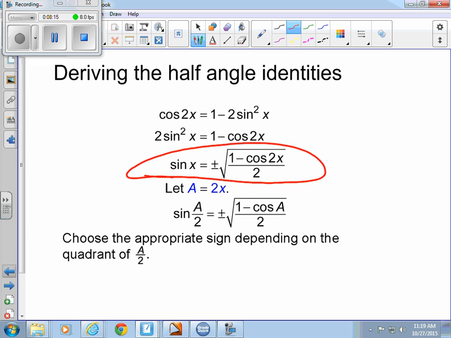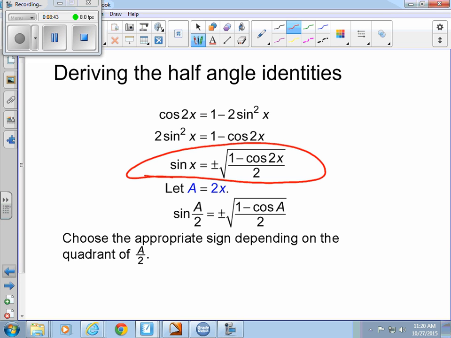If I wanted to know an angle, like the sine of 22 and a half, what is that half of? 45. So you see how I would use the double angle identity rearranged to make that happen. I could find it using the double angle identities backwards. Does that make sense? Kind of, yeah.